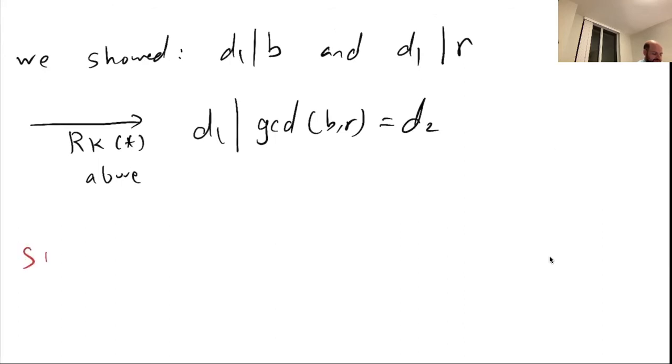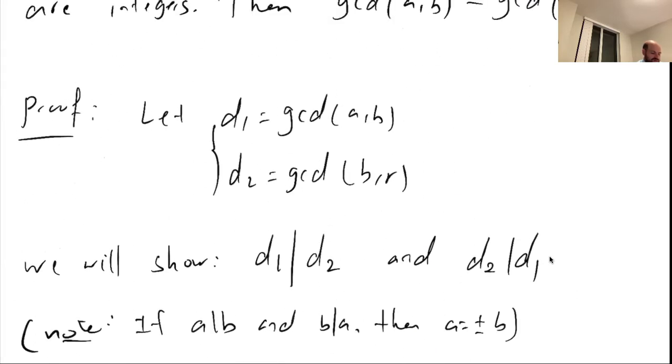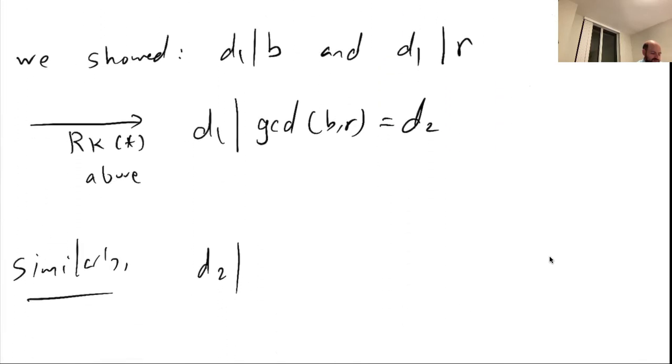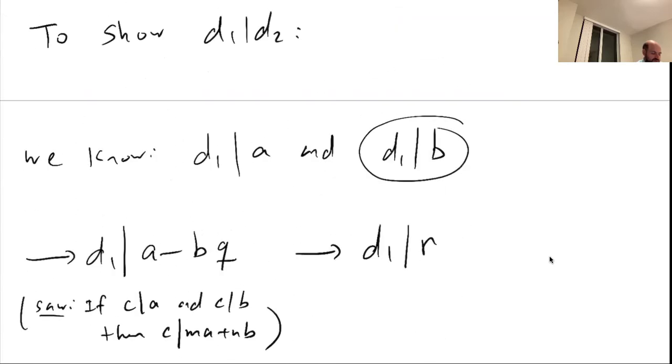Similarly, what do I know about D2? We know that D2 is the GCD of B and R by my assumption. So D2 divides B and D2 divides R. So that means D2 divides A as well. What was A?